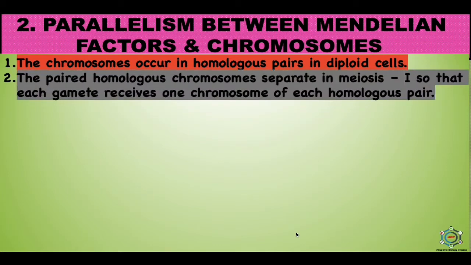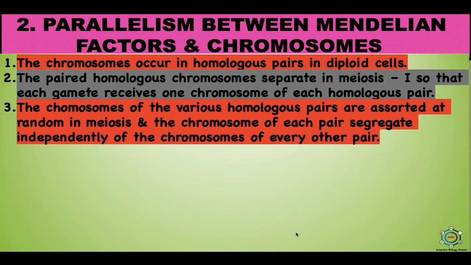The paired homologous chromosomes separate in meiosis first so that each gamete receives one chromosome of each homologous pair. The chromosomes of the various homologous pairs are assorted at random in meiosis, and the chromosomes of each pair segregate independently of the chromosomes of every other pair.